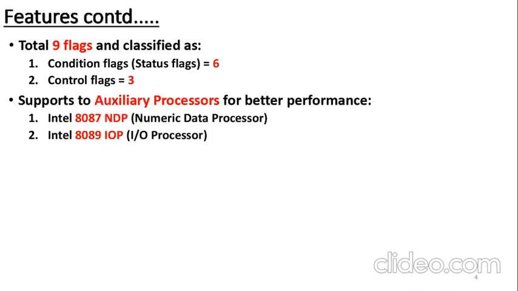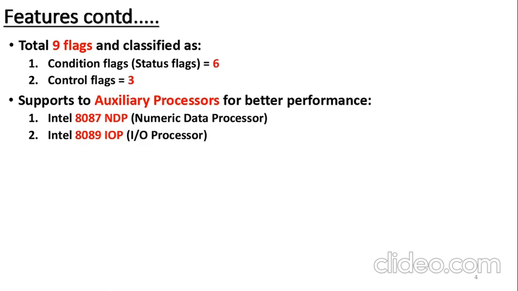This processor supports two auxiliary processors for better performance, namely the Intel 8087 NDP, numeric data processor, also called a math coprocessor, and the Intel 8089 IO processor, IOP. These auxiliary processors can be connected only in the maximum mode configuration of the 8086 processor.